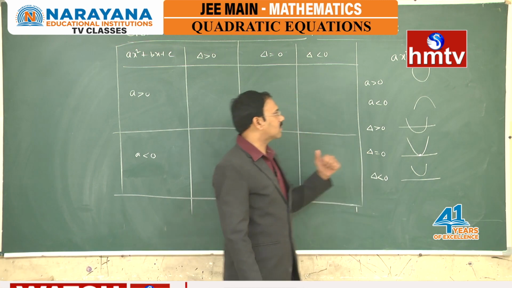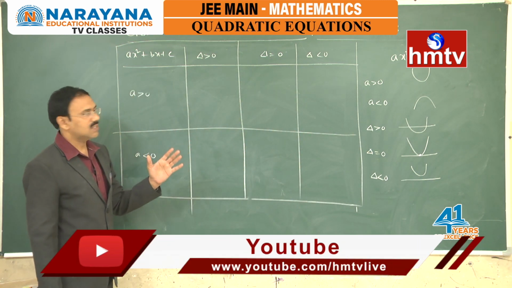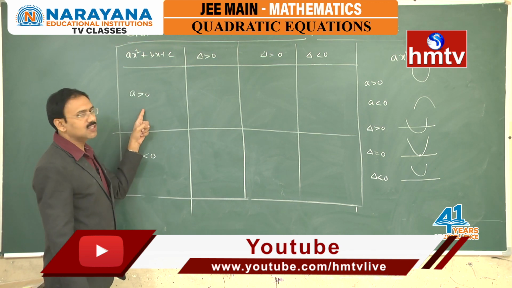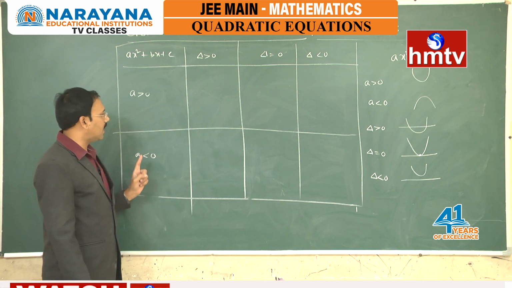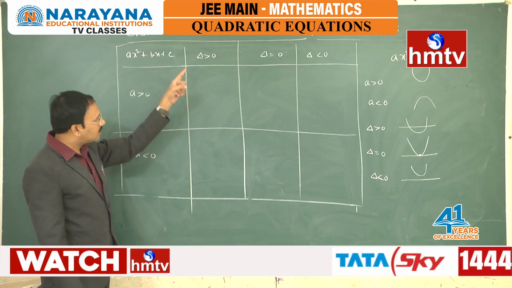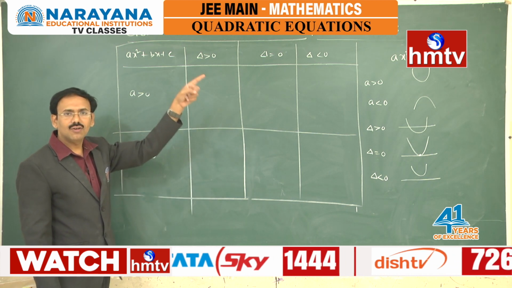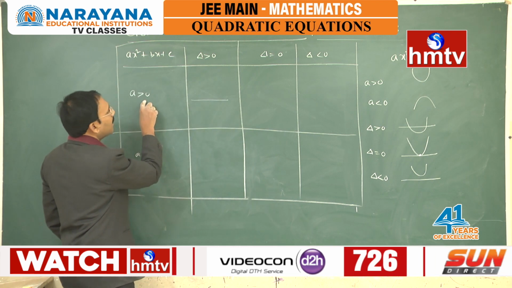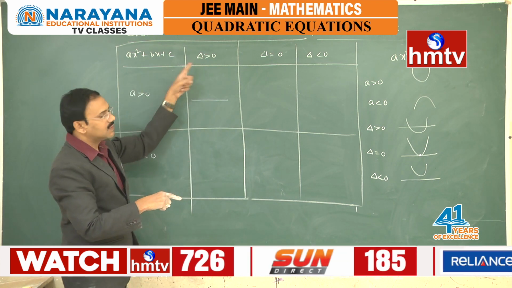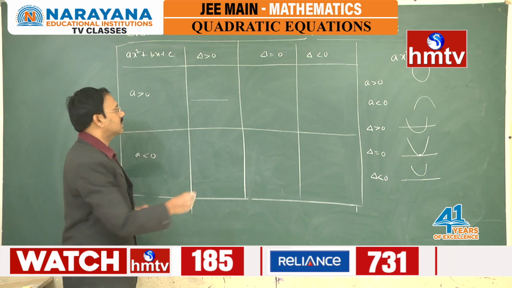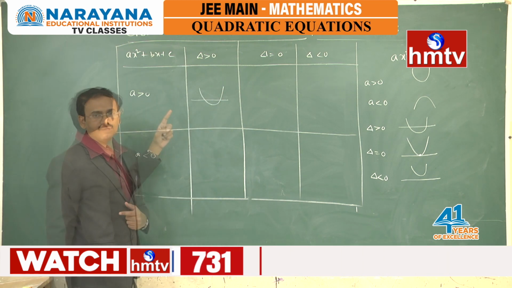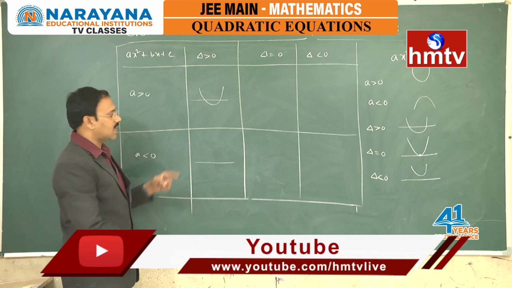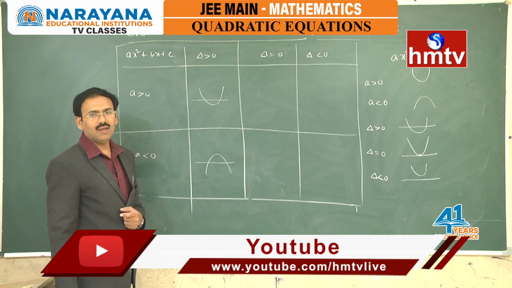Now, coming back to the point, you see, this is a structure, the graph of ax square plus bx plus c: a positive case upper parabola, a negative case down parabola, delta positive, delta 0, delta negative. Now you see, suppose this is the x axis, a positive upper parabola, delta positive, it has to cut the x axis at 2 points, this is the curve, and a negative means down parabola, it has to cut the x axis at 2 points, so it will be this curve.